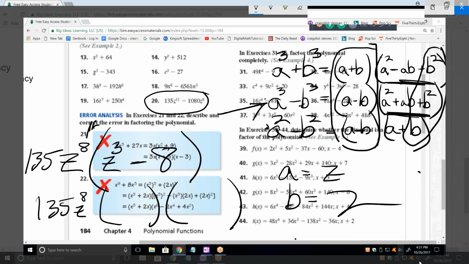So z minus 2. Okay. Then z squared plus 2z plus 2 squared, which is 4. Good. Perfect.